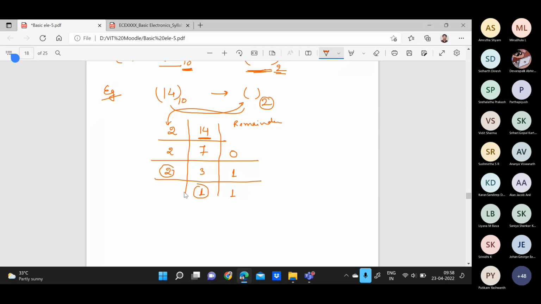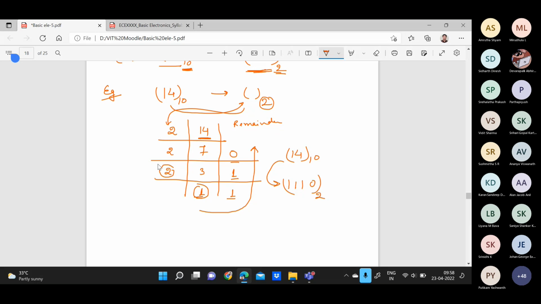So the numbers from bottom to top are your binary number. So the number is 1110. 14 in decimal is equivalent to 1110 in binary. Understand?